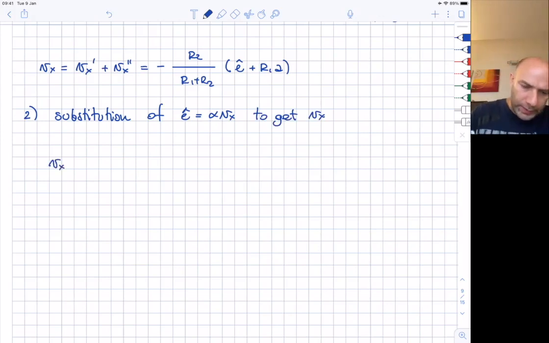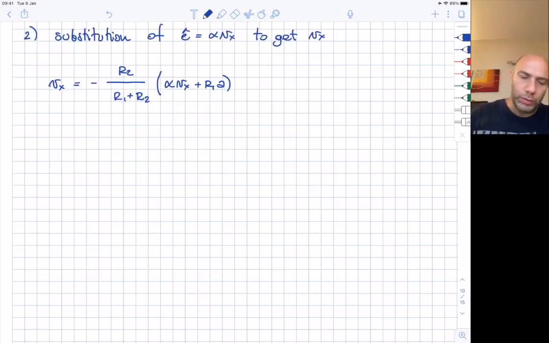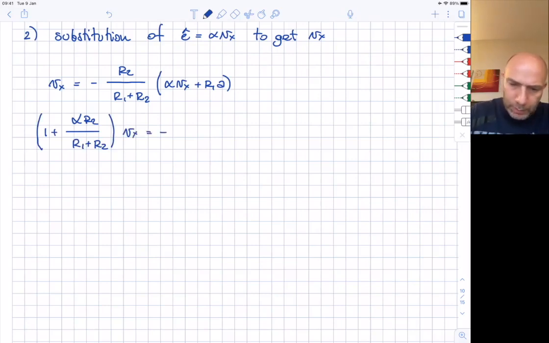So we have Vx equals minus R2 divided by R1 plus R2 alpha Vx plus R1 A. If we move to the left-hand side the terms with Vx, we have 1 plus alpha R2 divided by R1 plus R2, Vx equals minus R1 R2 divided by R1 plus R2, A.